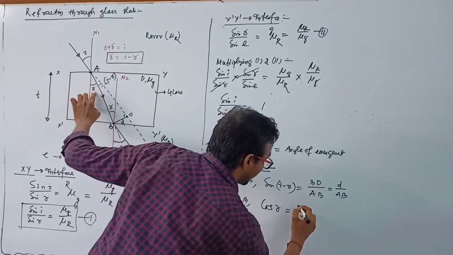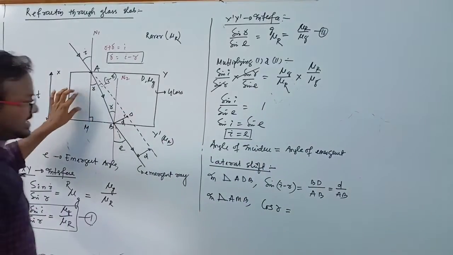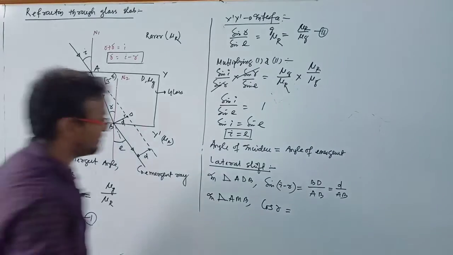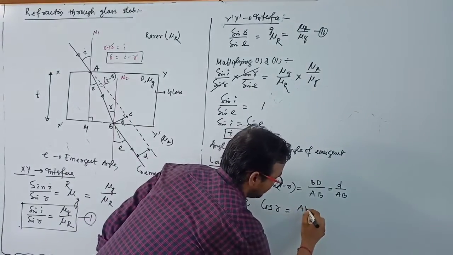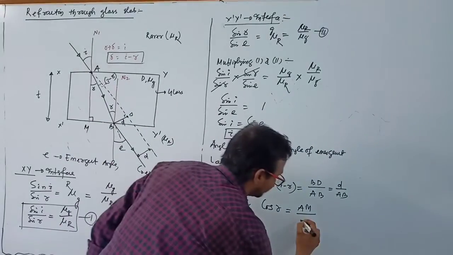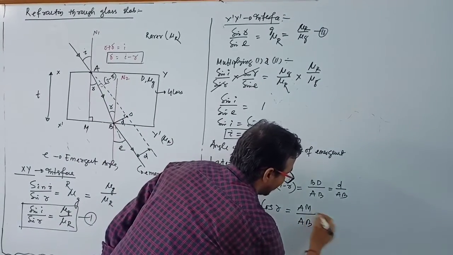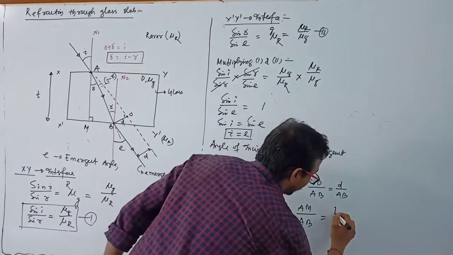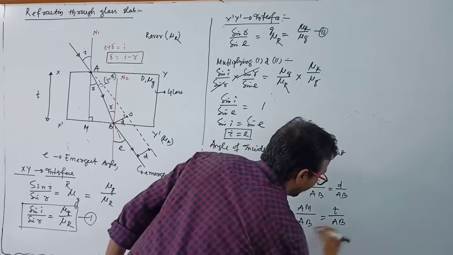So cos r equals base AM divided by hypotenuse AB, and the value of AM is equal to T, so you can write T by AB.